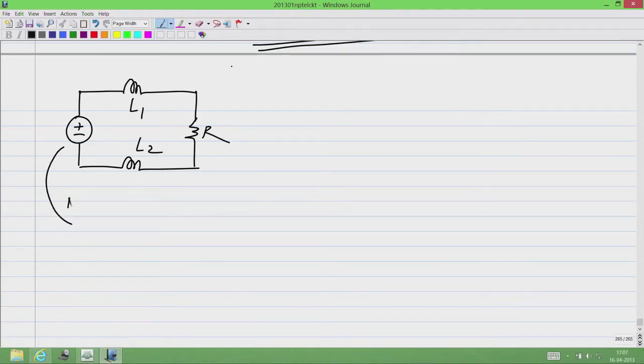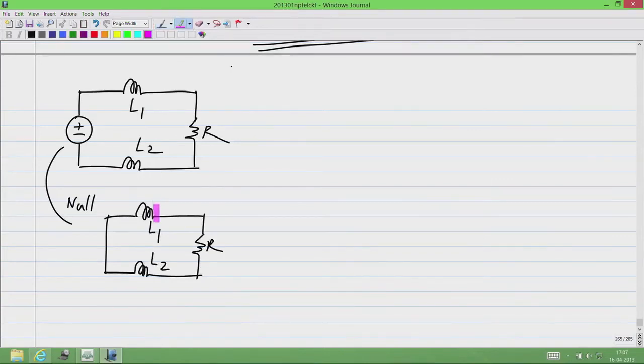But when I null the source, what I have is that, and you can see that this L1 and L2 appear in series, and this is equivalent to L1 plus L2 and R in parallel.